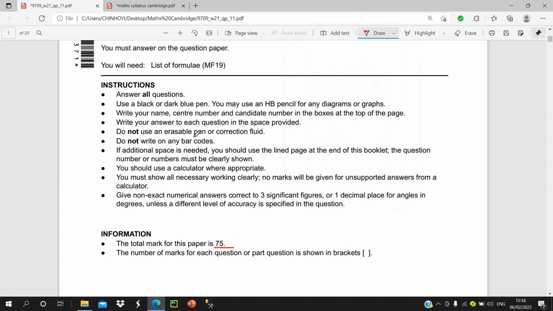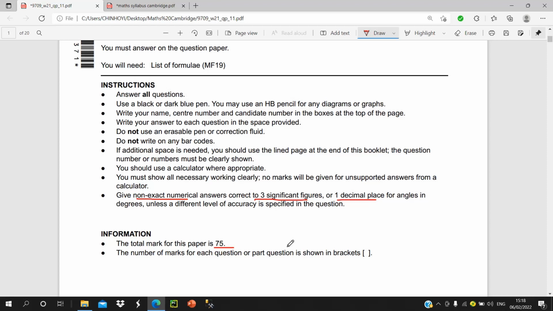Then the important instructions here is on the significance of figures. Every time you are doing your calculations, if your answers are non-exact numerical numbers, you should give your answer correct to 3 significant figures, or 1 decimal place in case of angles in degrees, unless a level of accuracy is specified in the question, because sometimes they can say give to 4 decimal places, which will be more than 3 significant figures.